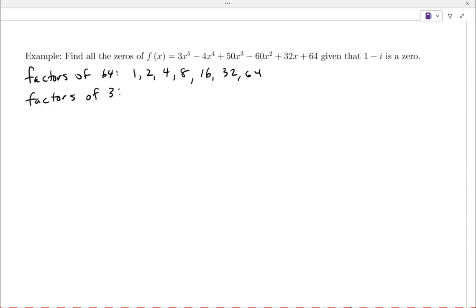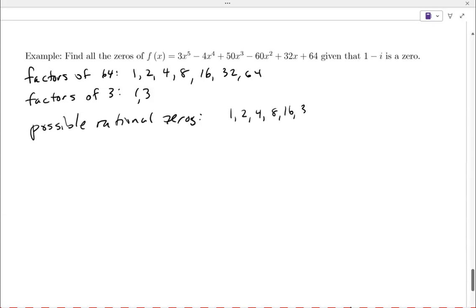Factors of 3 are easy. 1 and 3. So what are your possible rational zeros? 1, 2, 4, 8, 16, 32, 1 third, 2 thirds, 4 thirds, 8 thirds, 16 thirds, 32 thirds, 64 thirds.